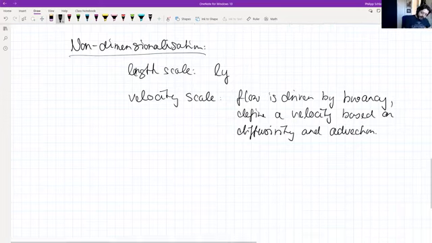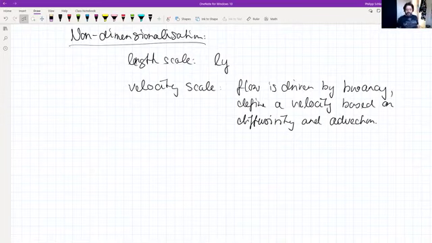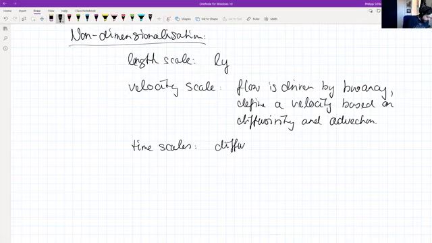Now, kind of the same idea here is that we can introduce some time scales that define diffusivity and advection. The time scale for the diffusivity somehow needs to be related, of course, to the thermal diffusivity kappa.